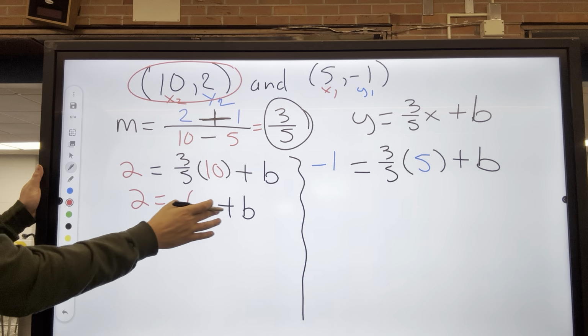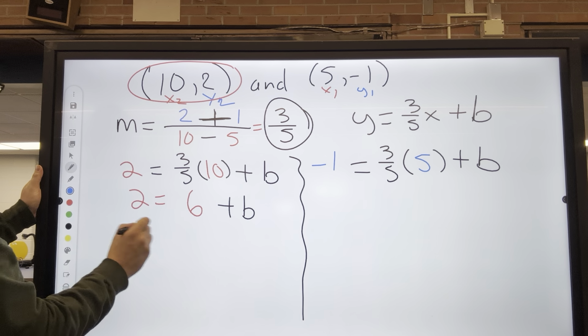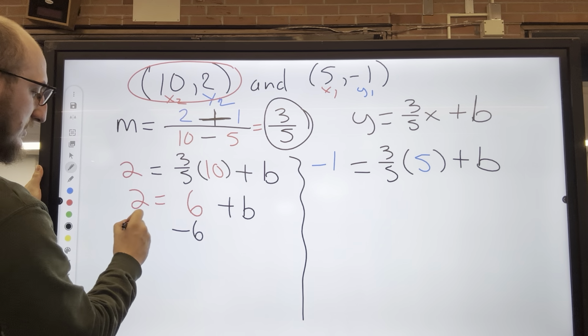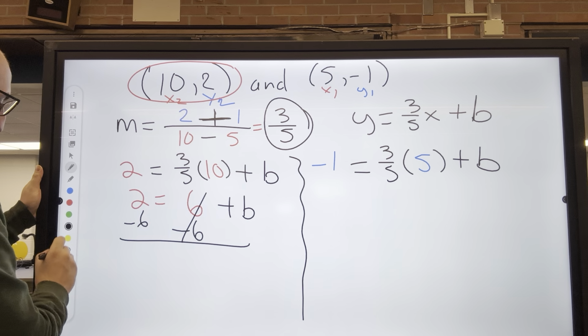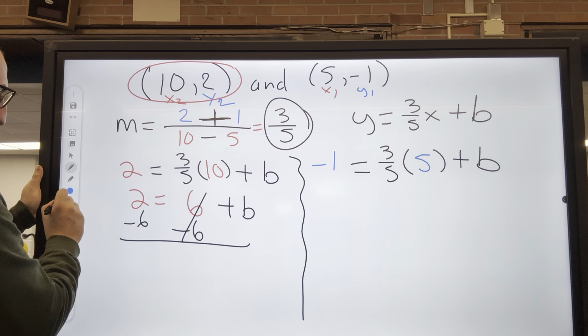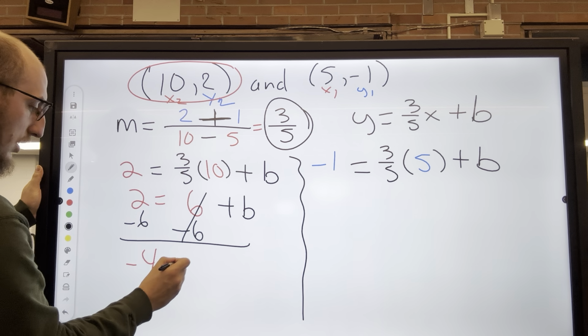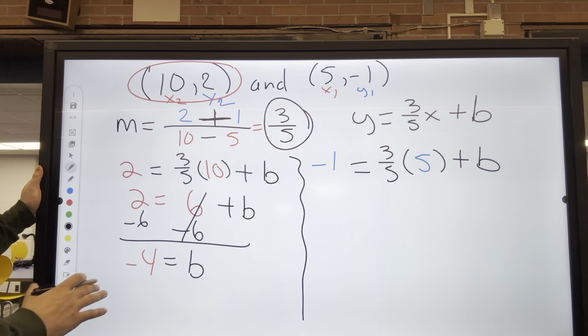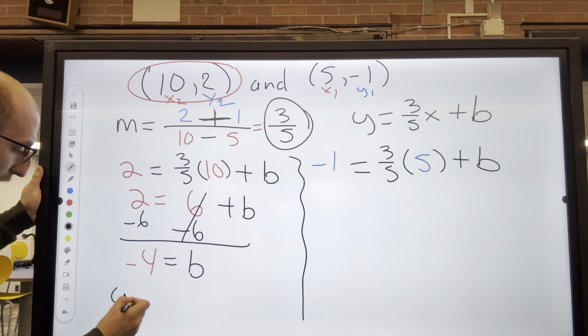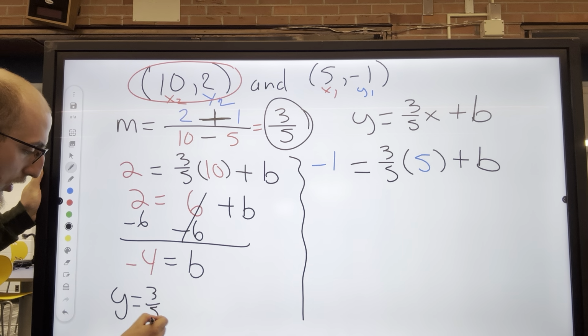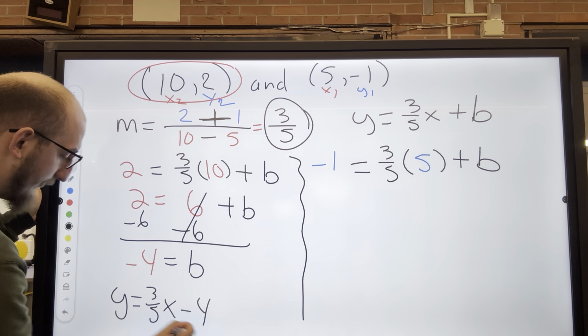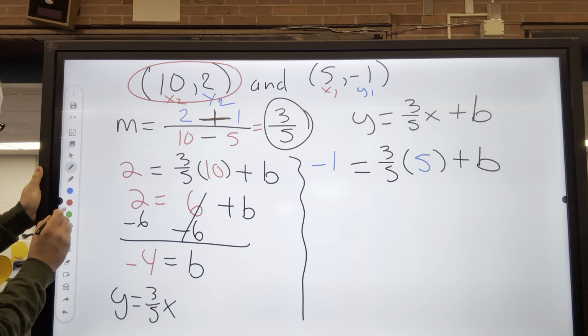And how do I get this b by itself? I'm going to subtract 6, those cancel. So what do I get b to equal? -4 equals b. So my new equation here is y equals my slope, x minus 4.